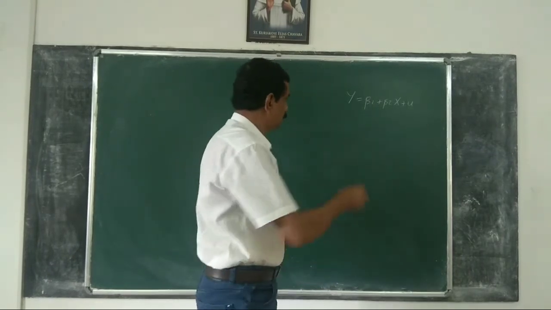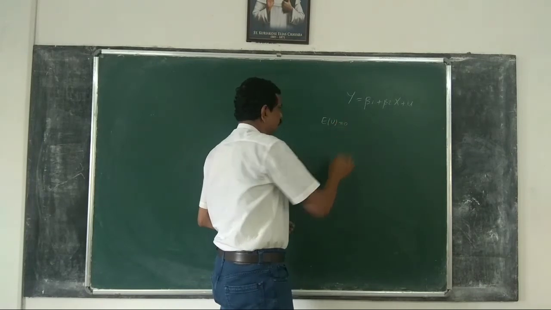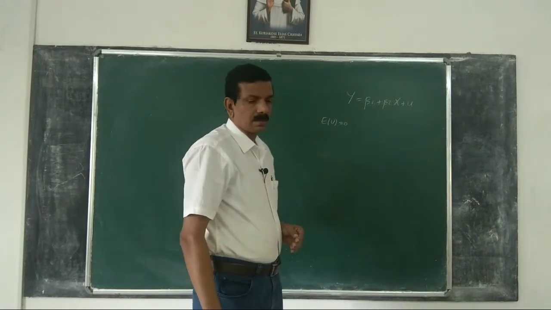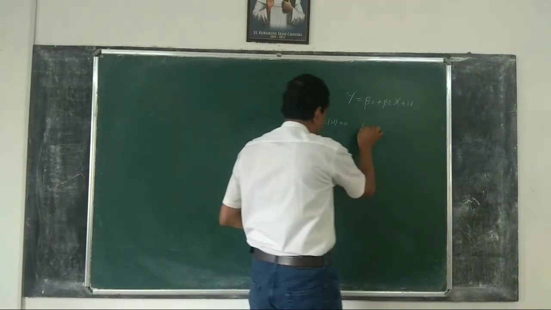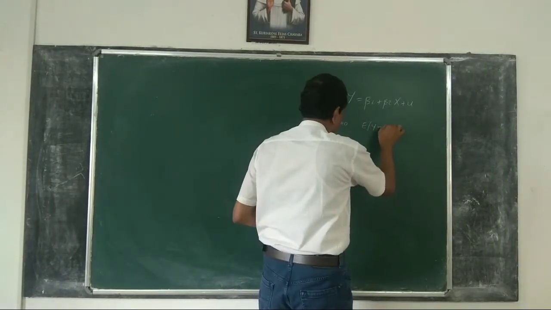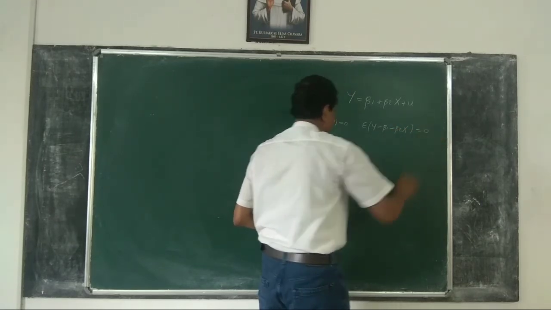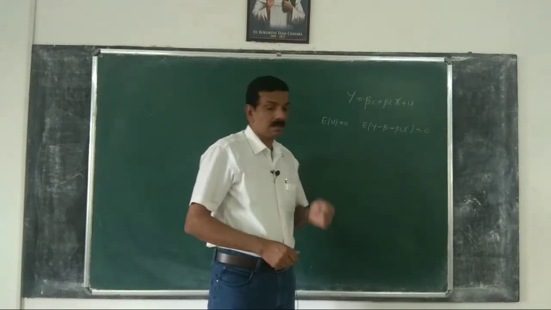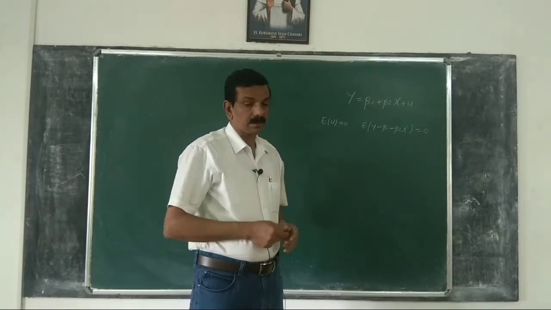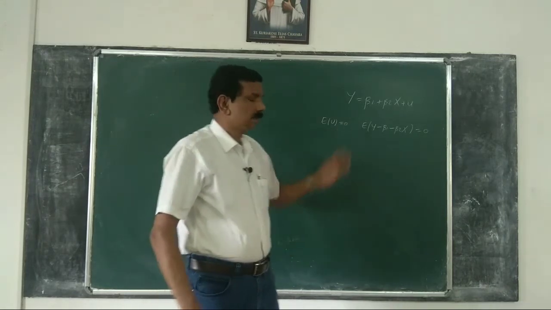We usually assume that expected u is equal to 0. It means that expected value of y minus beta 1 minus beta 2x is equal to 0.